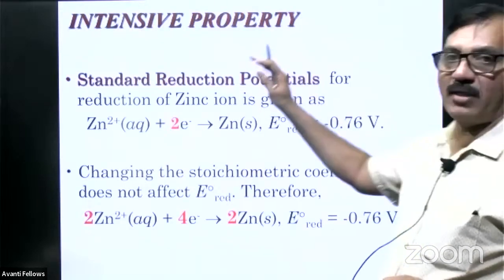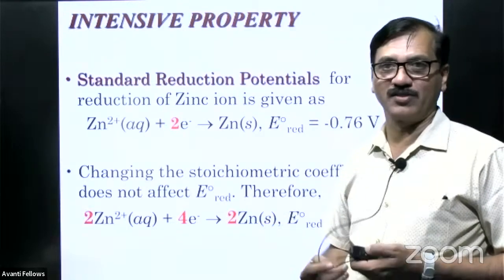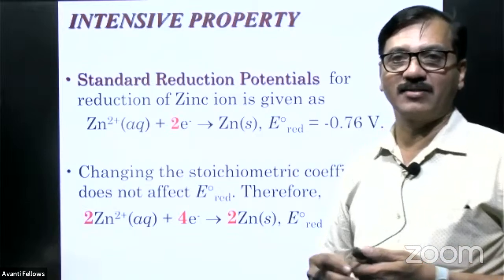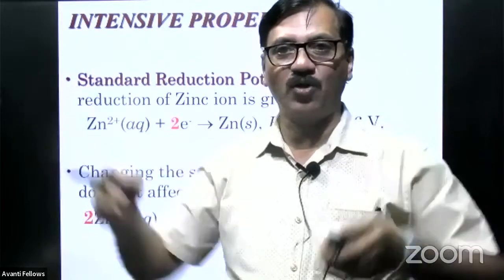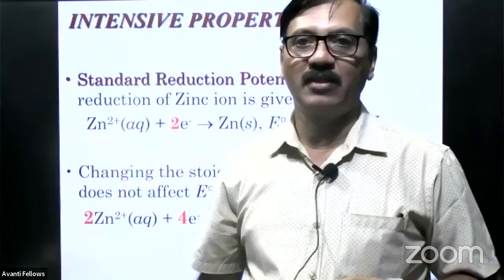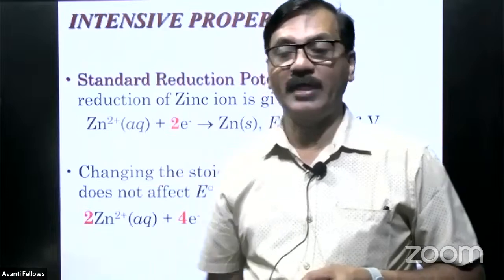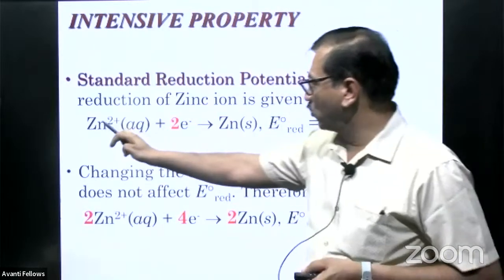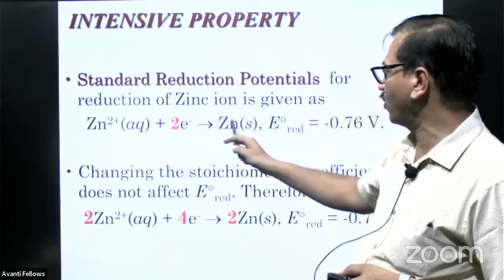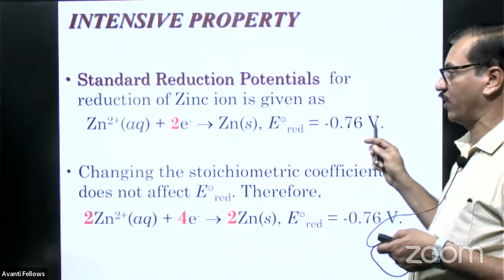Remember that electrode potential value is an intensive property. What do you mean by this? Intensive properties don't depend upon the quantity of the substance. If you have taken a big electrode, don't think that it has more tendency to give the electron. It doesn't depend upon the quantity. For standard electrode potential, suppose zinc gaining 2 electrons, E0 reduction is minus 0.76.